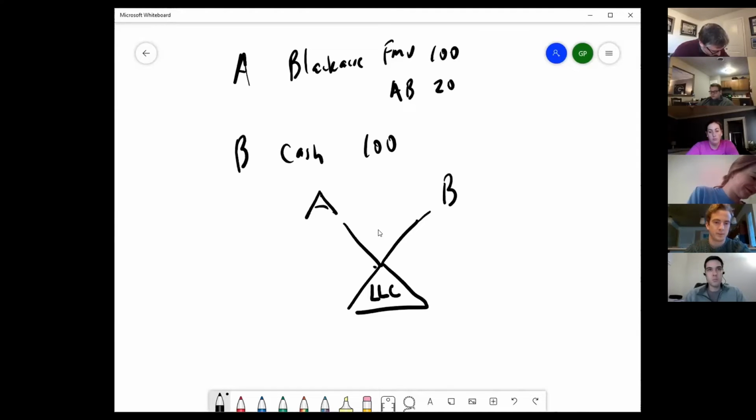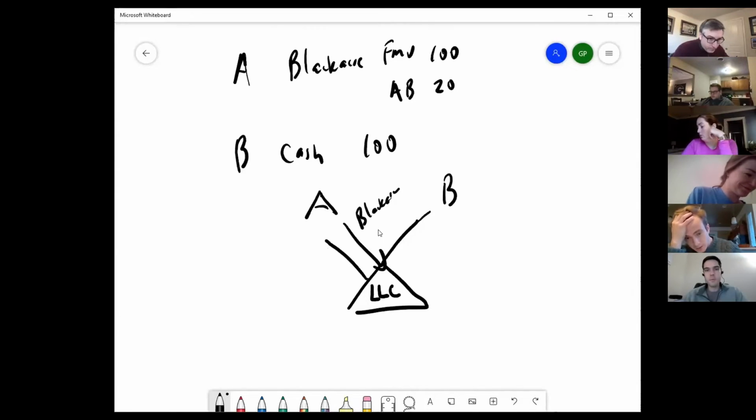So A contributes Blackacre. It's 1 unit. B contributes cash. Gets back 1 unit.